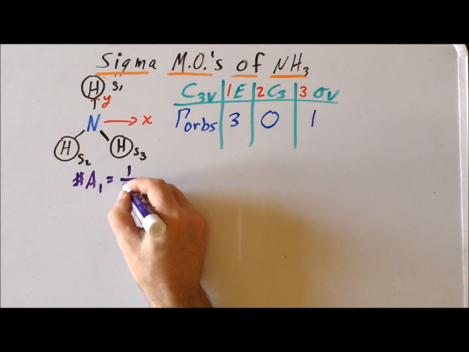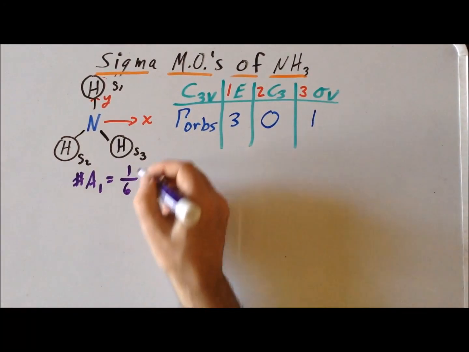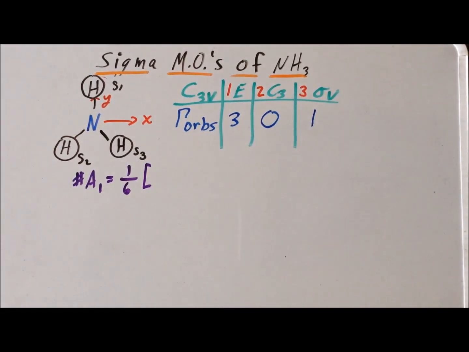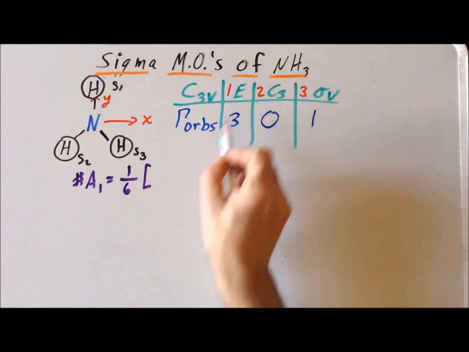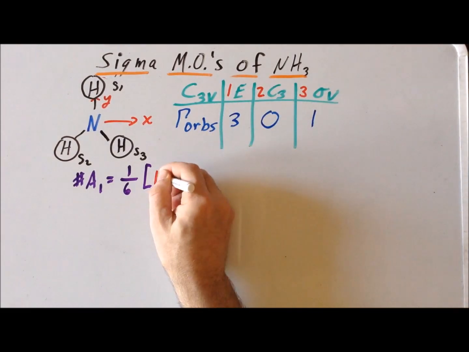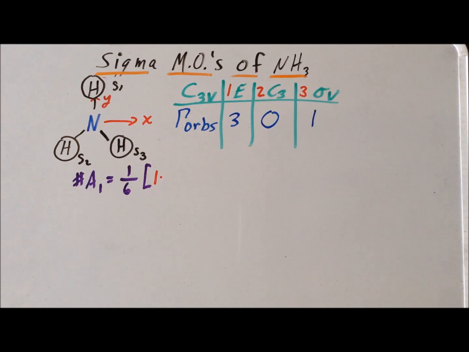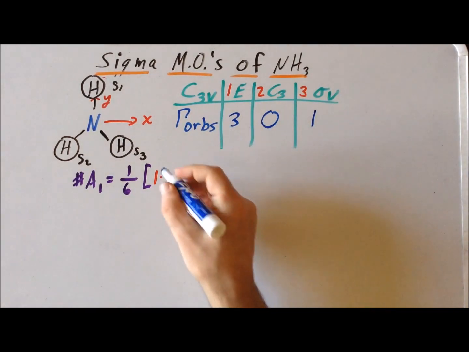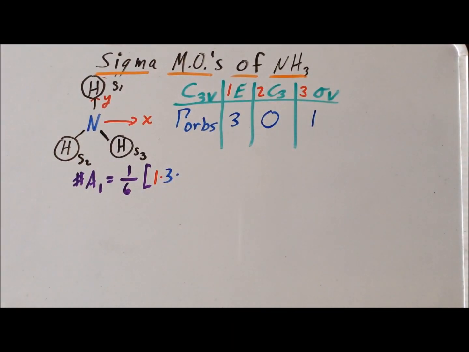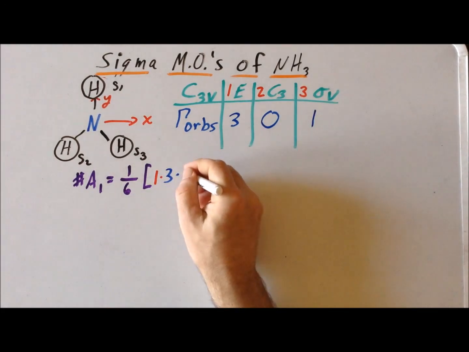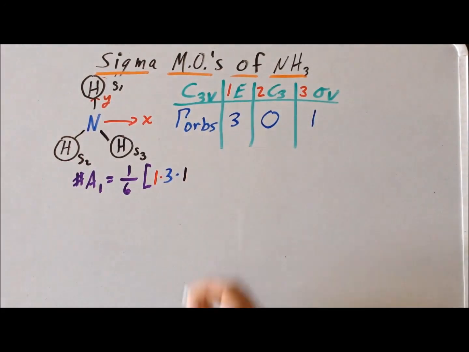And our factor in front here is going to be 1/6. Then recall, the first factor in each term is going to be the number of operations in the class, which for E is going to be 1. The character of the reducible representation is a 3. And then we have the character from the irreducible representation, A1, in C3V, and that character is a 1.